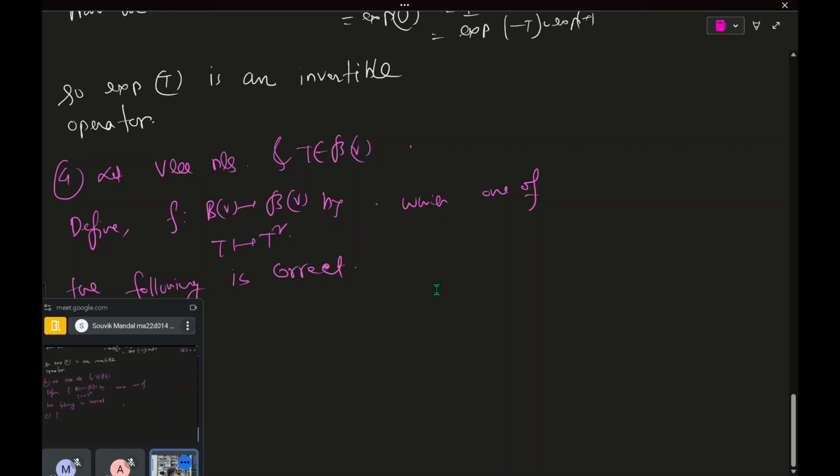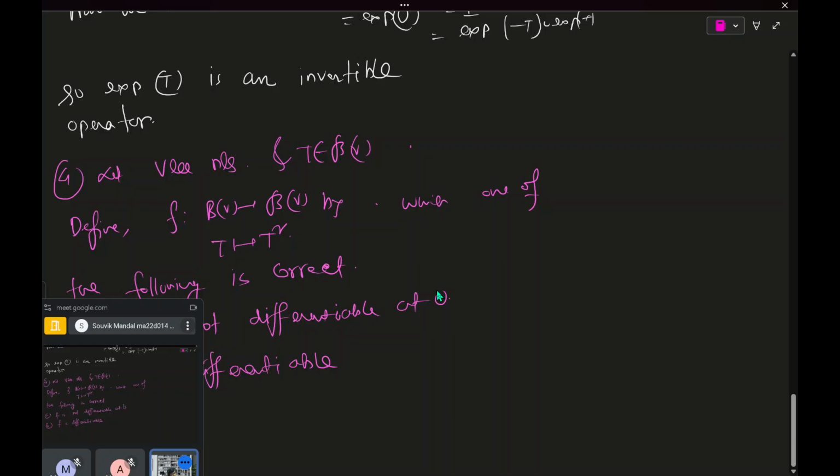Second one, F is differentiable with dF(T) the linear map H goes to TH.